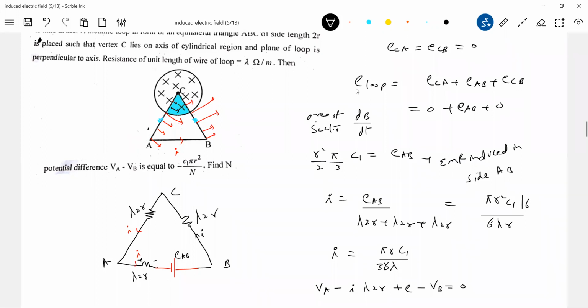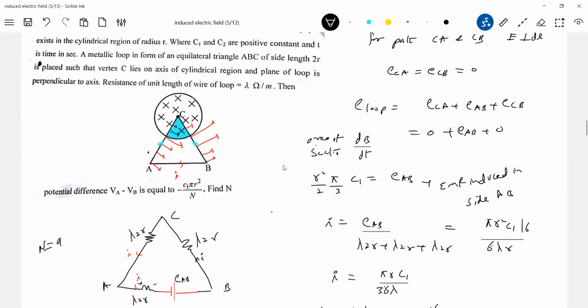Anybody value N? 9 n equal to yeah. Sir, once can Things that one. So what happened?